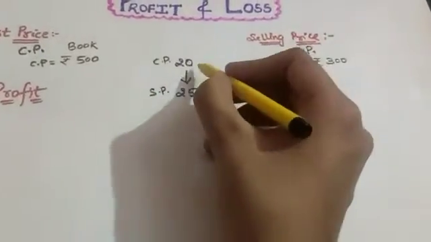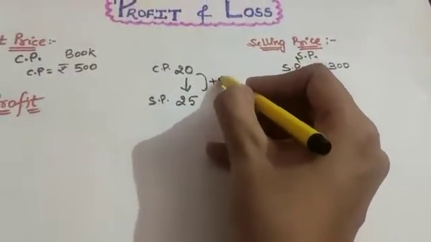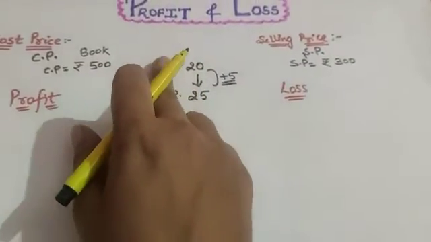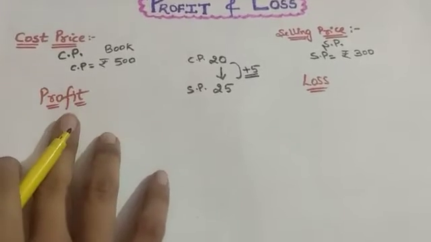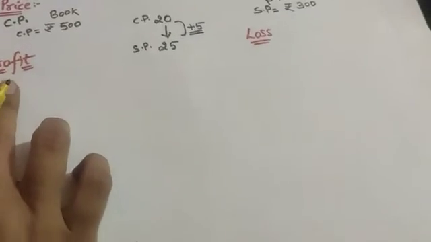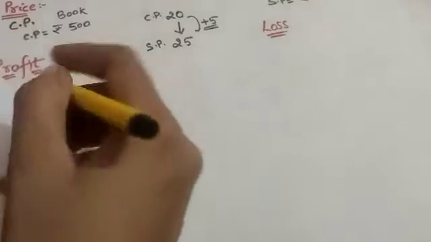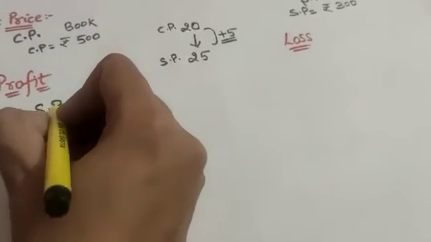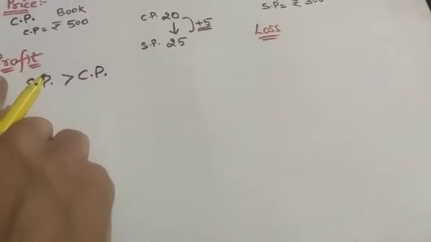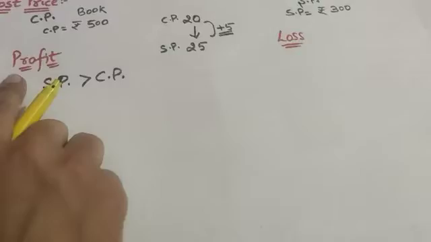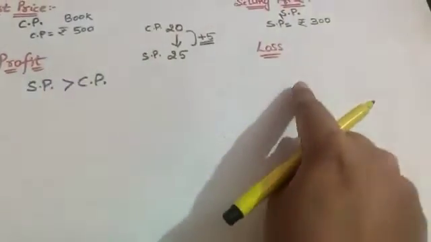Since I have made a gain of 5 rupees, that means SP is greater than CP, then a gain or a profit happens. So if the selling price is more than the cost price, then profit will happen. Now come to the loss.